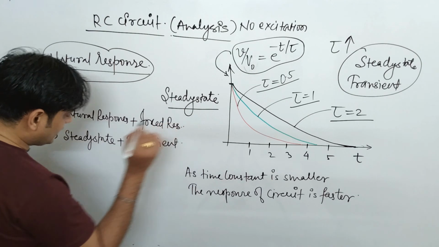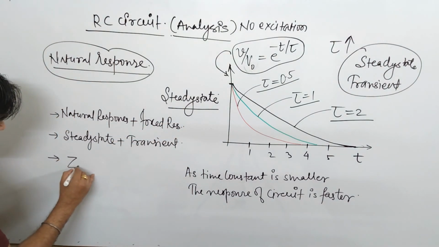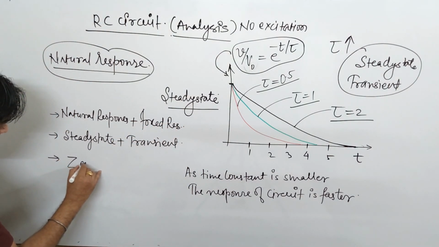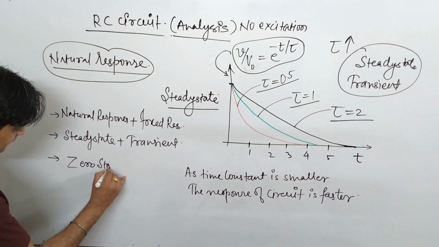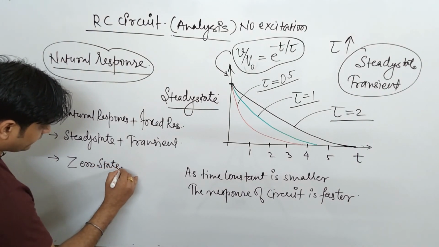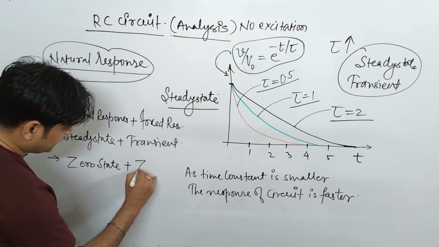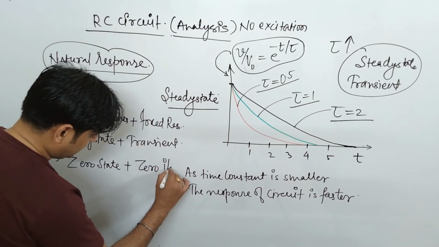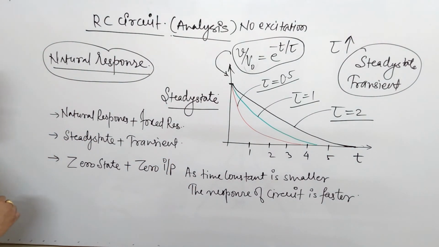Then we will see zero state, zero input in terms of response. So: natural response, forced response, steady state response, transient response, zero state response, zero input response.